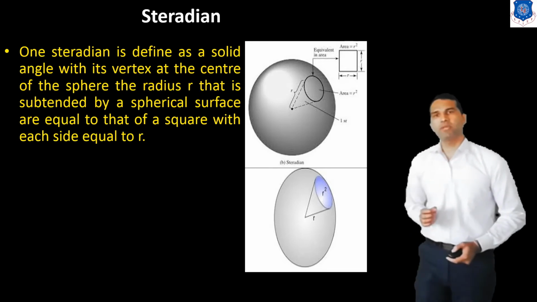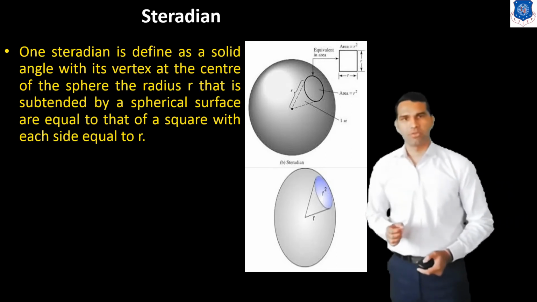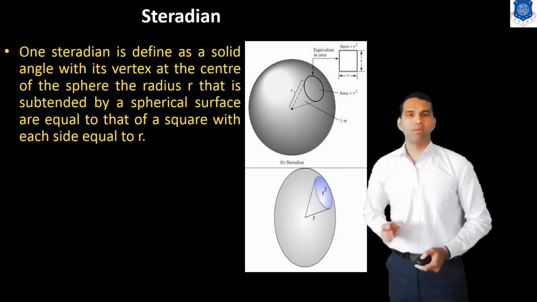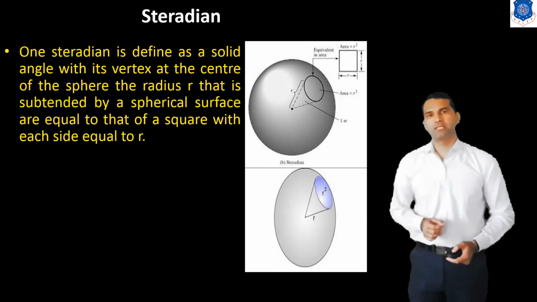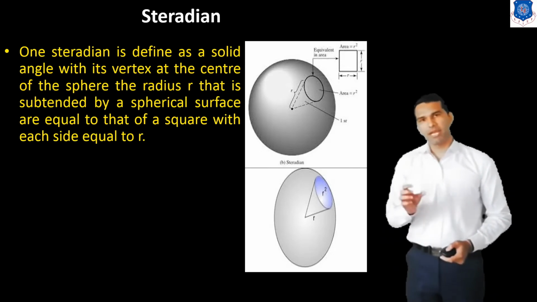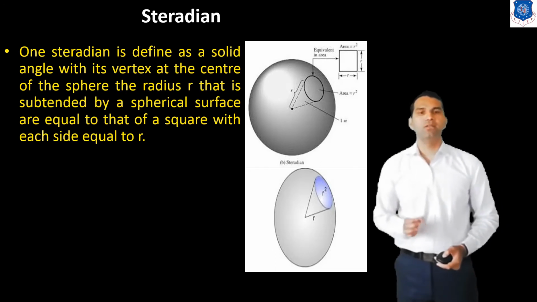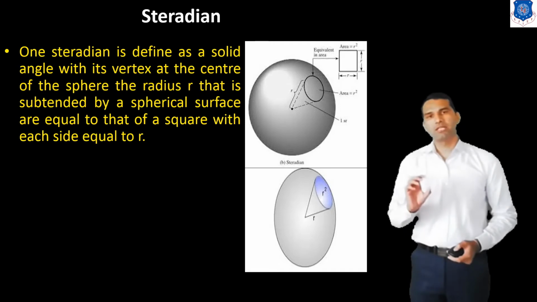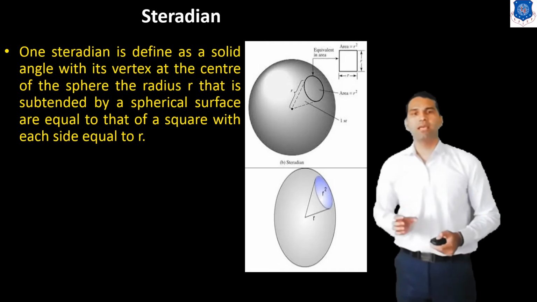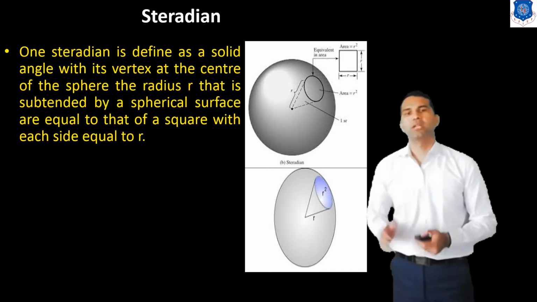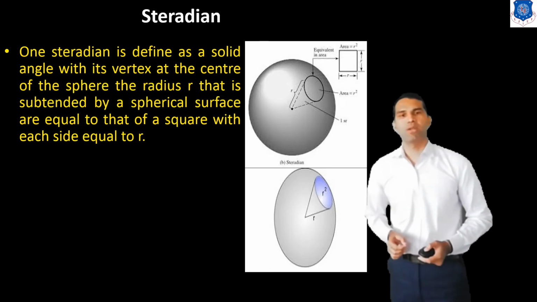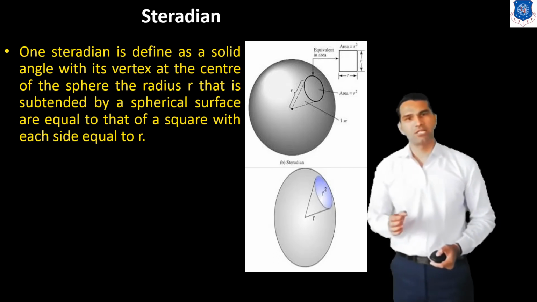This is the definition of the steradian. The radian measures an angle in 2 dimensions, and the steradian measures an angle in 3 dimensions. This is the basic difference between the radian and steradian.